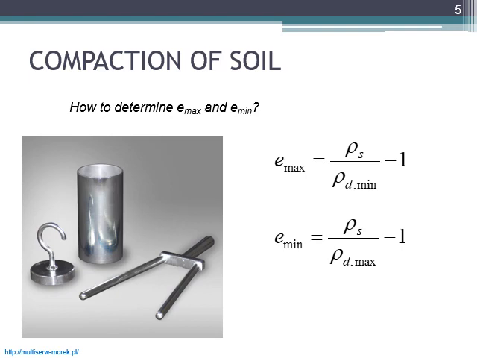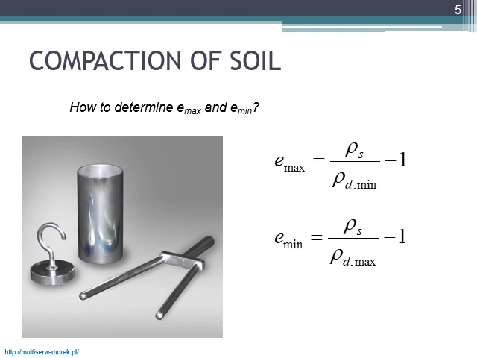And for the maximum void ratio, we would have to know the value of the minimum dry density of the soil, and for the e min, we would have to know the ρd max. Now, how to determine these two dry densities? Well, there are various laboratory methods that can be used here. It depends on the standard.